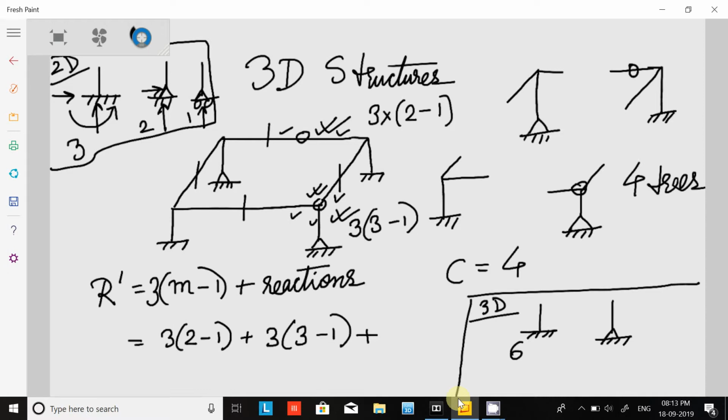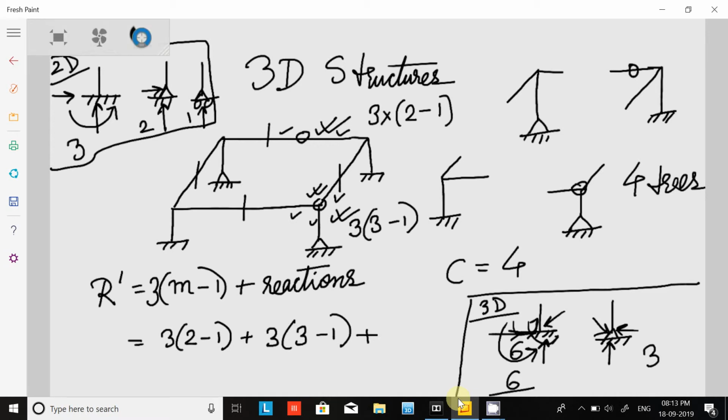See here, fixed will give reactions in 3 directions, in X, in Y, in Z, then moments Mx, My, and Mz in the other directions. So ultimately 6 reactions are there. In hinge we get what? 3, in x, y, z, so hinge 3.